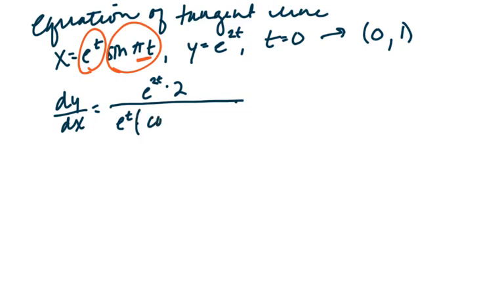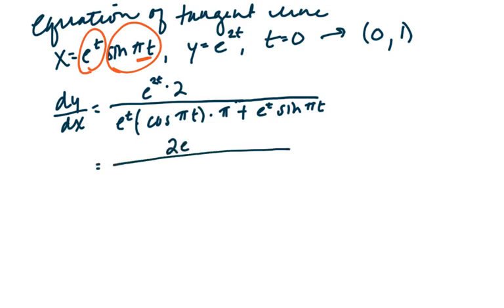The derivative of sine of pi t is cosine of pi t times the derivative of pi t, which is pi, plus we keep the sine of pi t, and the derivative of e to the t is still e to the t. So let's simplify.